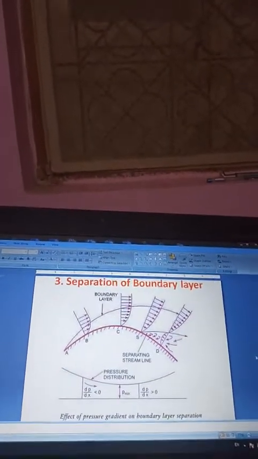So how will you come to know whether the boundary layer will separate or not for the given velocity profile? Depending upon the mathematics, the pressure gradient and the velocity gradient, there are some conditions, based on which you decide the separation of the boundary layer.